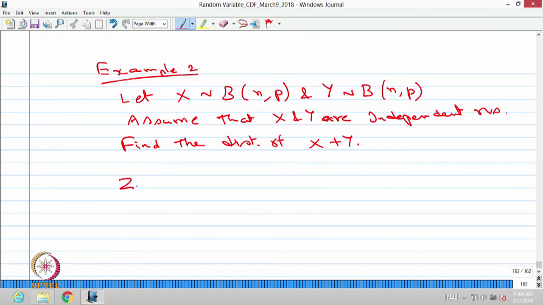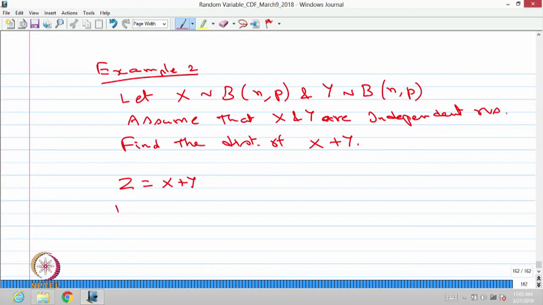I will take z as x plus y. Since x is binomial, the possible values are 0, 1, 2 and so on till n, and y is also binomial with the possible values 0, 1, 2 and so on till n. Therefore, the possible values of z are going to be 0, 1 and so on till 2n.